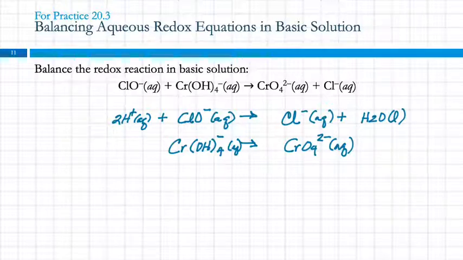And then, because it's basic solution, I have to add hydroxide ions to neutralize the hydrogen ions. So I have 2 hydrogen ions, so I'm going to add 2 hydroxide ions. And I had it mass balanced, so I have to do the same thing to both sides so I don't screw it up.